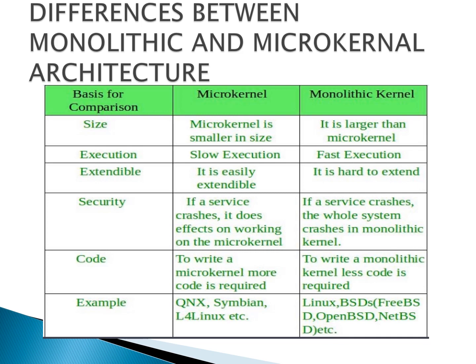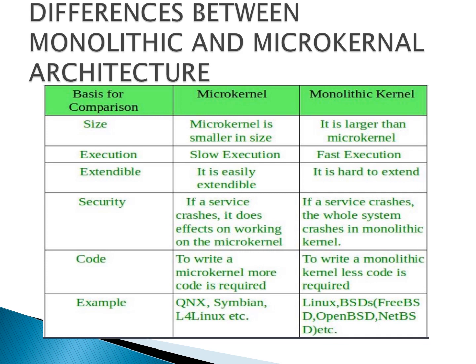As I told before, in the monolithic kernel the device driver resides in the kernel space, and this makes it less secure. Whereas in the microkernel, you have the device driver in the user space, and this makes it more secure, giving it an added advantage to be used in military devices to store confidential information, where the data can be highly secured.